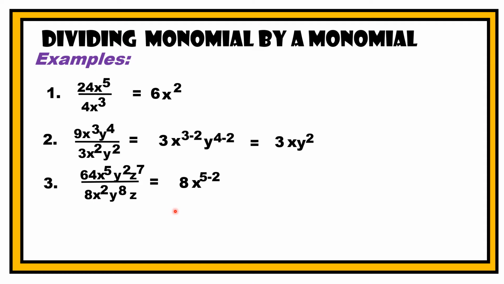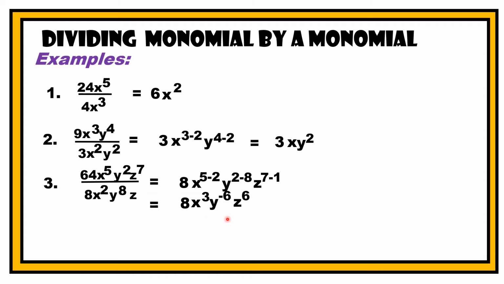Next, x raised to 5 minus 2, then y raised to 2 minus 8, then z raised to 7 minus 1. So we now have 8. x raised to 5 minus 2 is equal to x cubed, then y raised to 2 minus 8 is equal to y raised to negative 6. Then z raised to 7 minus 1 is z raised to 6.